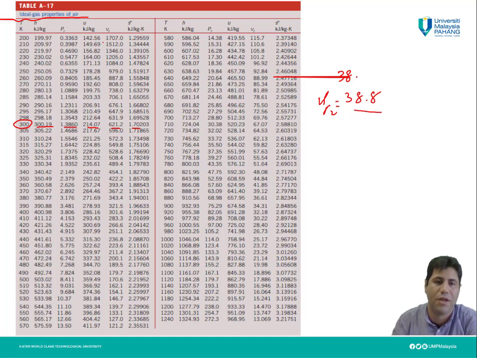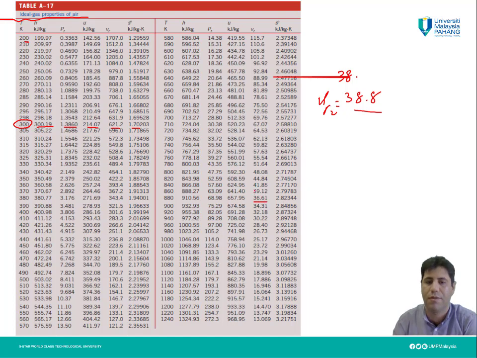You can see that when temperature is low, VR is high. As temperature increases, VR reduces. Here we have 39 for VR, and here it is 36.